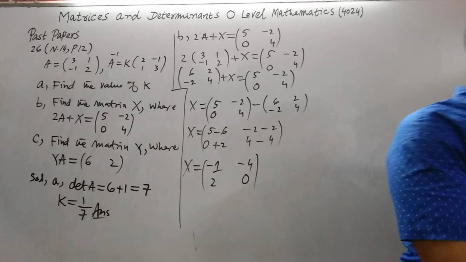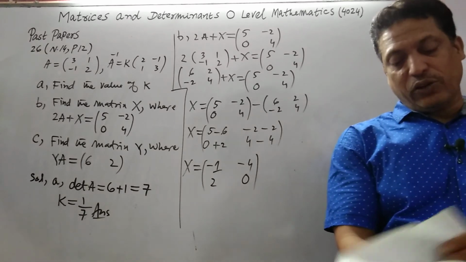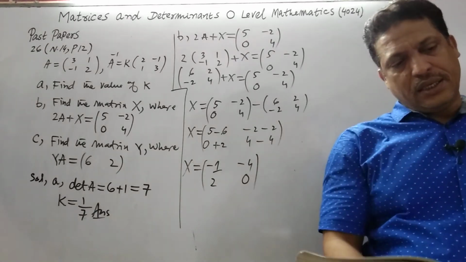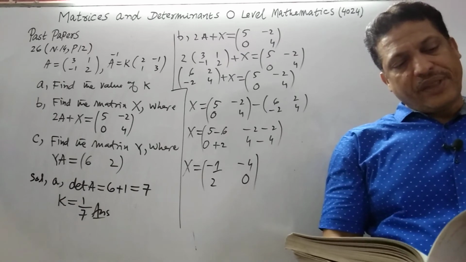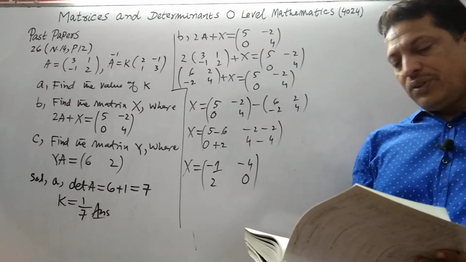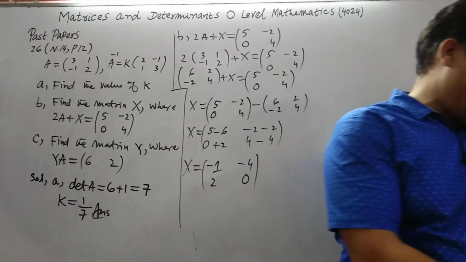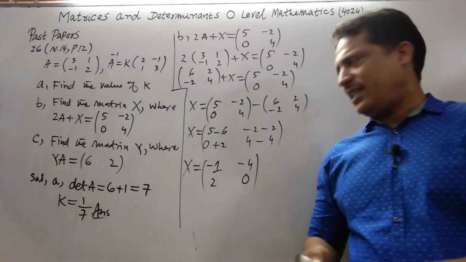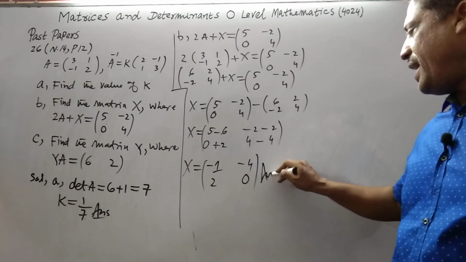What is the answer of part B? Minus 1, 2, minus 4, 0. 100% correct. Student, sometimes I need to check the answer if I feel any doubt.